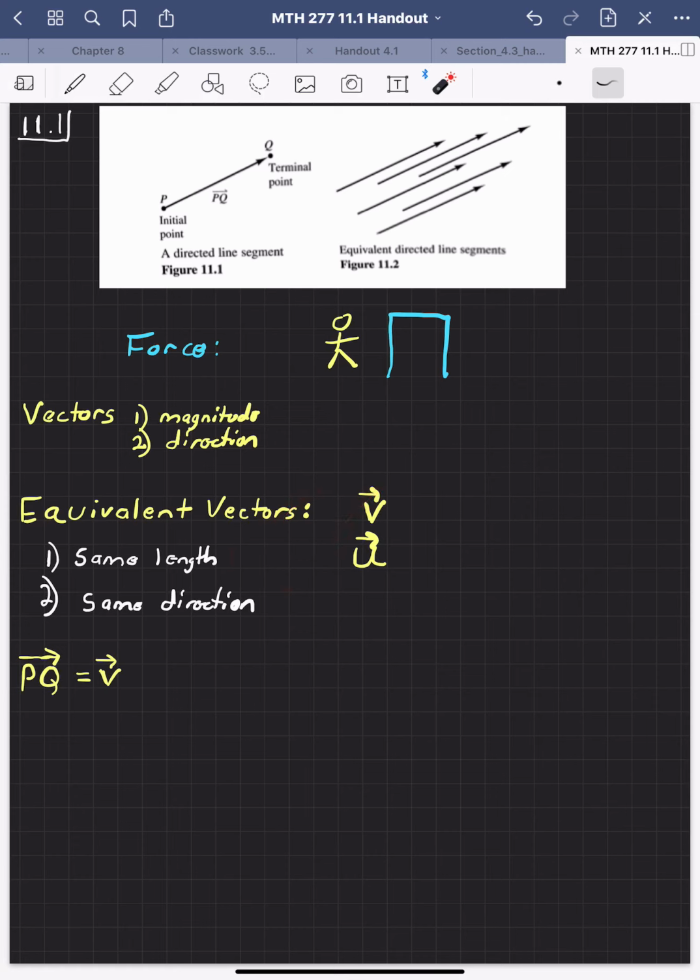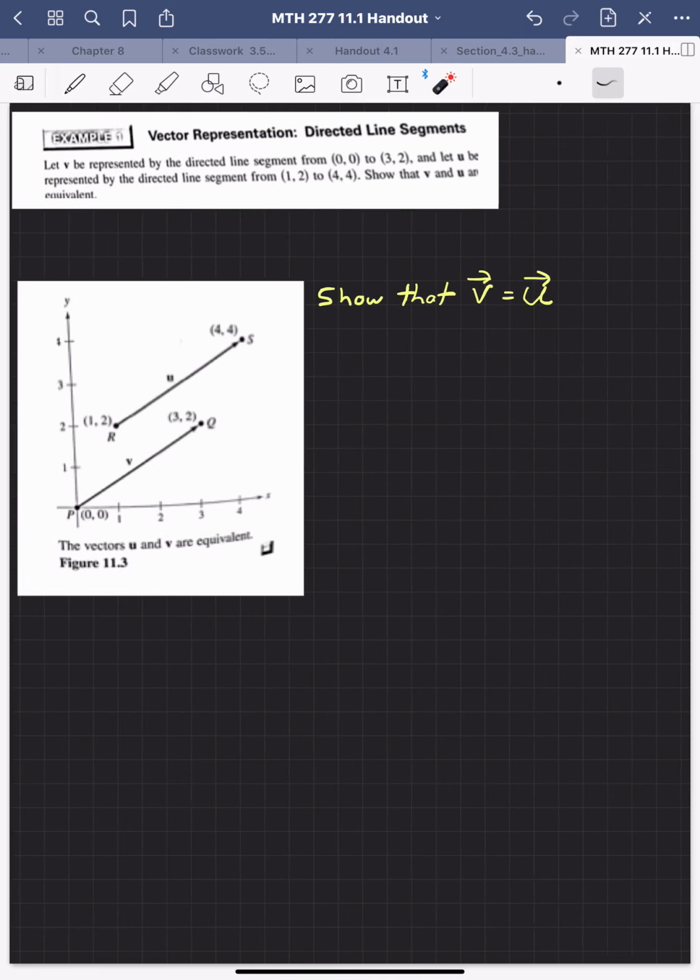Let me see if I can jump in and we can get started here. Example 1. What we'd like to do is we're making a statement. Let V be represented by the directed line segment from 0, 0 to 3, 2, comma. Now, if you've always struggled with word problems, let me see if I can help.